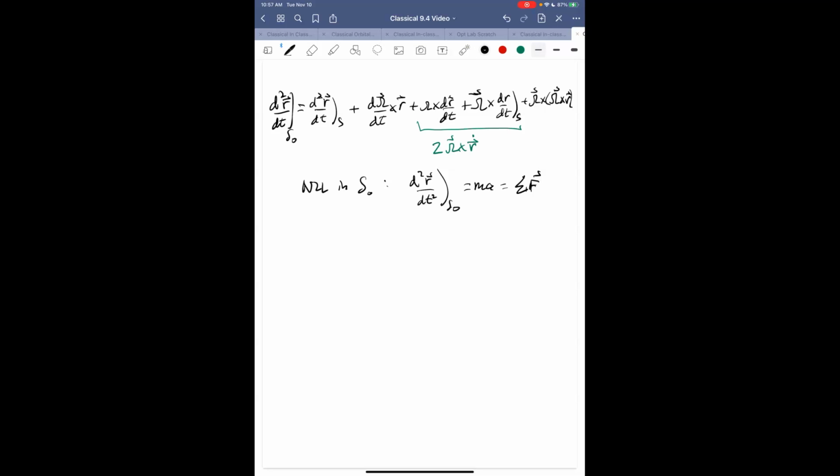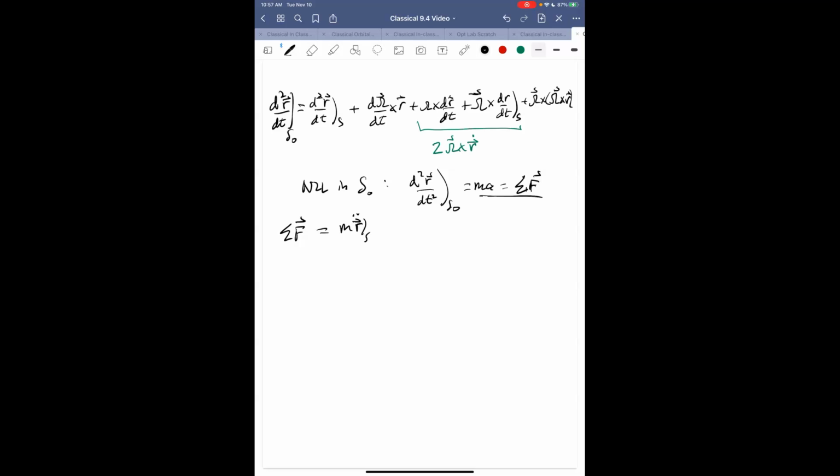I'm going to substitute that in over here. Now, to do that, I've got to multiply everything by m. So I'm going to multiply all the terms in this expression by the mass, so that the left-hand side becomes the sum of the forces. And then I'm going to get m r double dot, and I'll just emphasize that's with respect to the rotating frame.